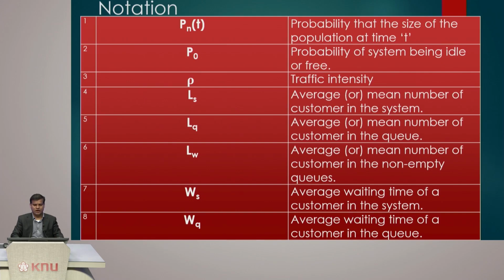L sub q is the average number of customers in the queue. L sub w is the average number of customers in the non-empty queues. W sub s is the average waiting time of a customer in the system. W sub q is the average waiting time of a customer in the queue. We will see the formulas for these later on, but this is the general notation. For each queuing model the formula might vary.